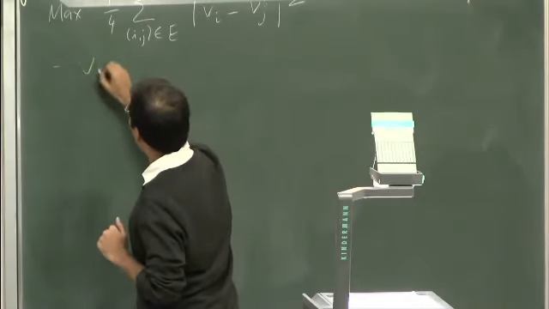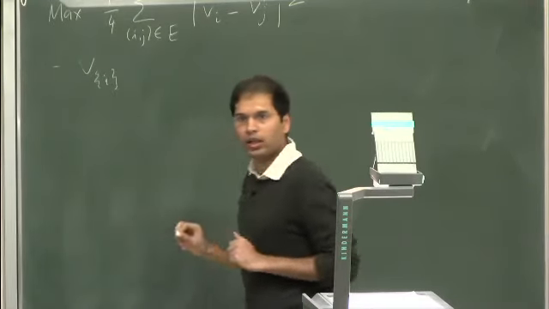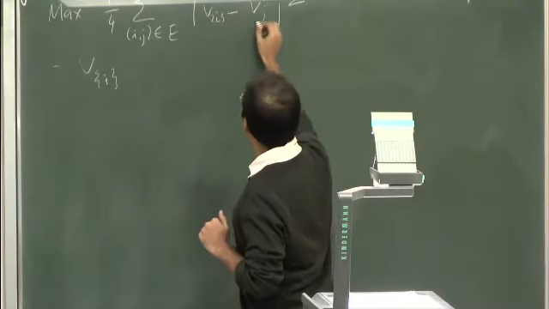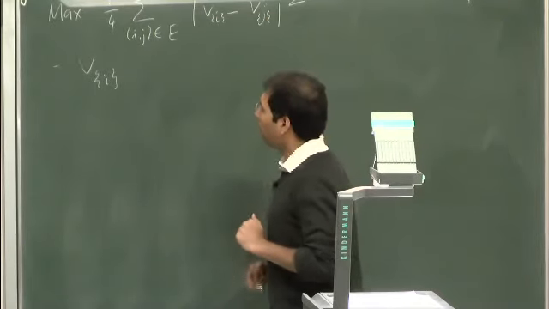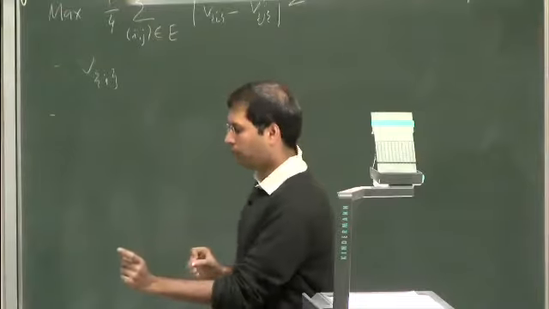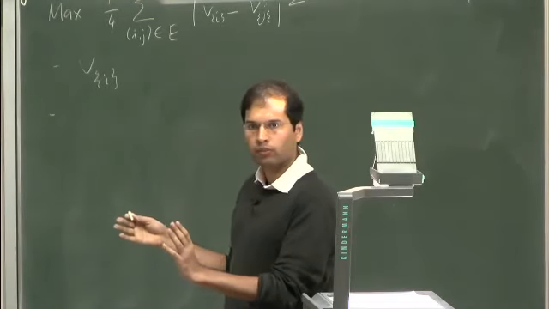Now in the variable v_i, I really want to think of it as v sub singleton set {i}. So you will see the reason. And I am going to have additional variables for every set of k vertices.